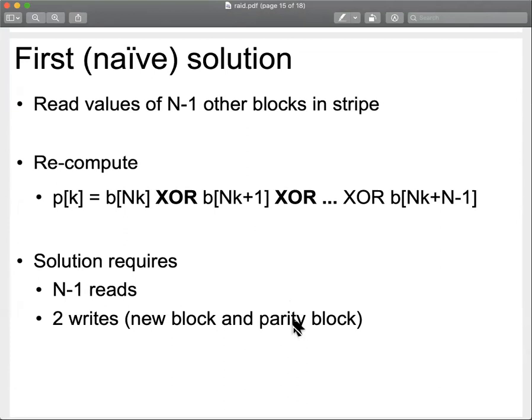Does that make sense? Does anyone have any questions on why recomputing the parity by reading all the other blocks is still sequential? Is there anything in this discussion that didn't make sense so far?